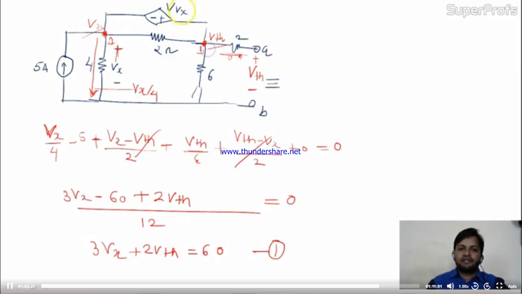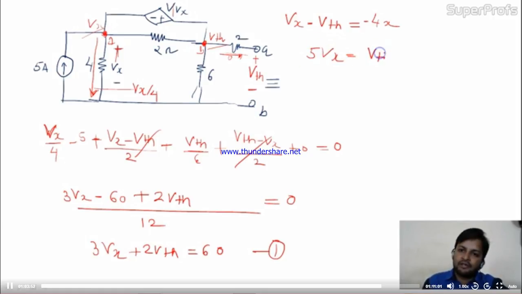Vx minus Vth is nothing but this, already given. What is this? This is 4Vx, given with a negative sign. Vx minus Vth is equal to negative 4Vx. So 5Vx is equal to Vth actually. I need Vth, so I'll replace this Vx in this equation.